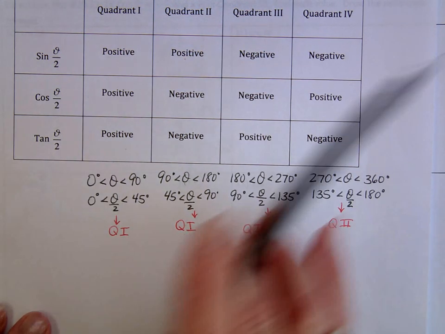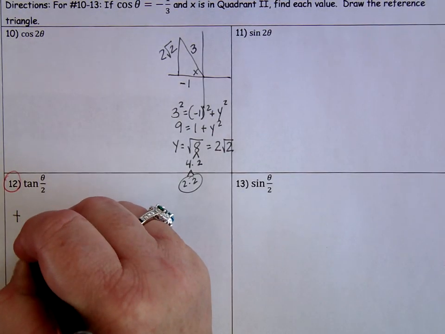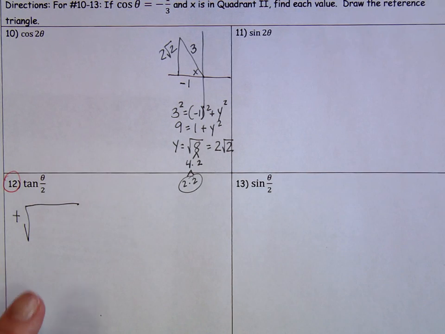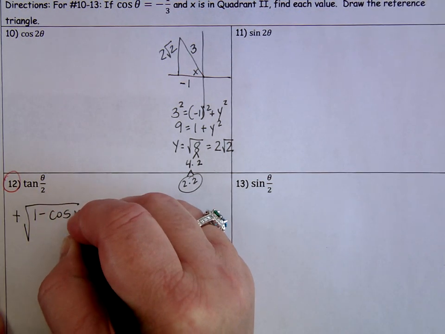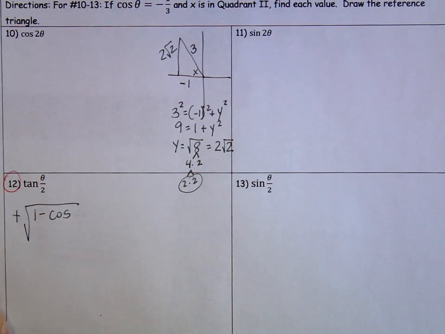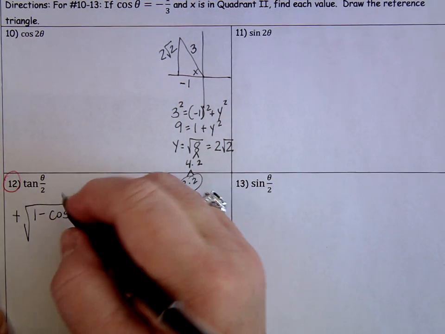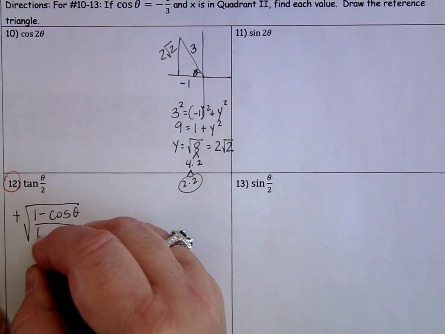And so I know that my square root is going to be a positive value. So I have a positive square root. And the rule says that you've got 1 minus the cosine of theta on top. I guess they're using thetas this time, right? They got me. Whatever. I'm looking back at this. This is probably a theta, right? Over 1 plus the cosine of theta.